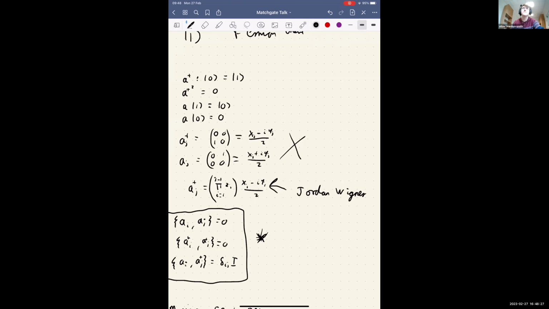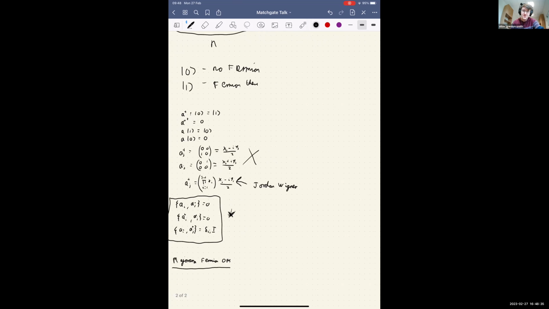But in general, it's going to be everything that's not j, is it? No, so say if j is 3, then this is something like Z1, Z2, and then X3 minus iY3 over 2. But then we don't have any Z's on 4, 5, 6, 7, whatever. Okay. Right, cool. It's essentially to the left, and there's some kind of asymmetry in how we define things.